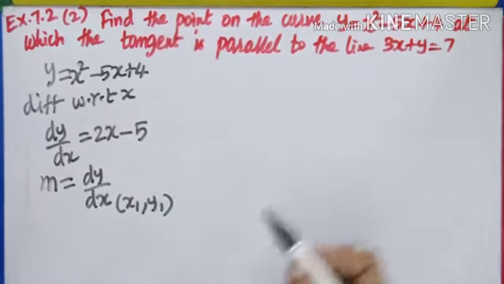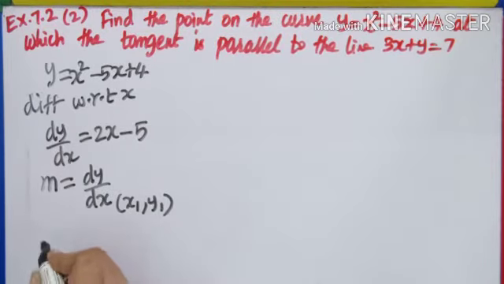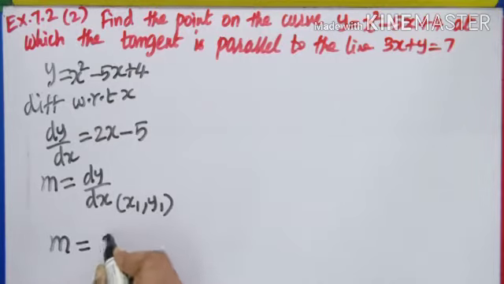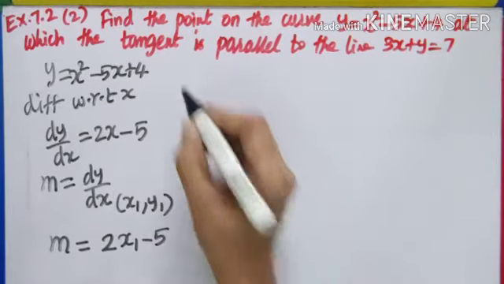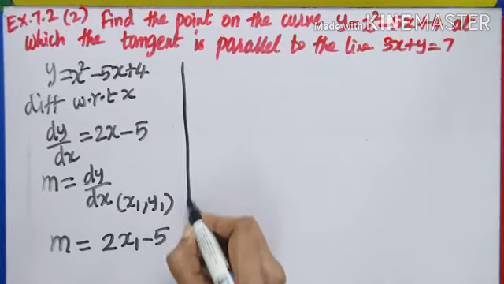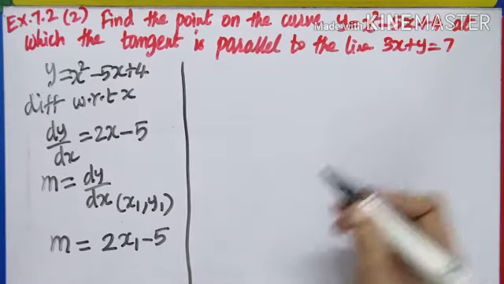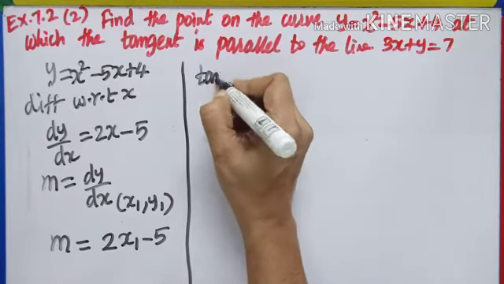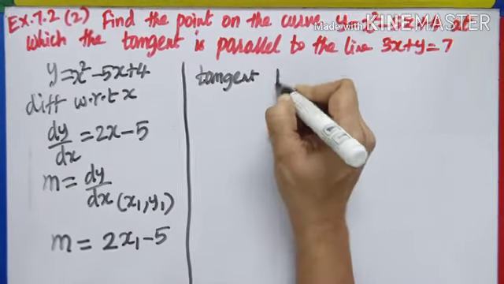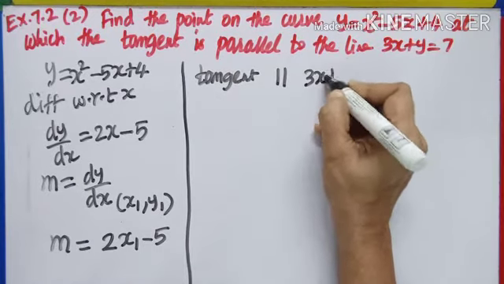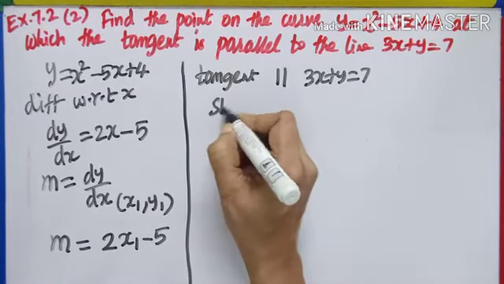No point is given. Treat it as x1, y1. So, m is equal to 2x1 minus 5. This is from the curve that I have derived. Now, from the line, what is given? Tangent parallel to 3x plus y equals 7.